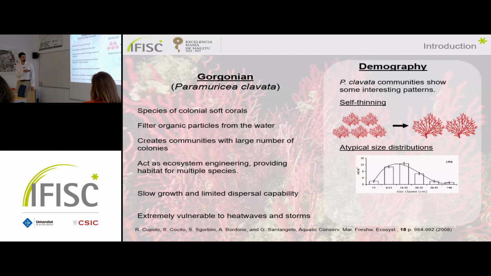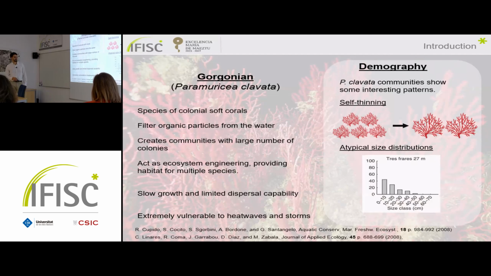Secondly, we are also interested in this kind of atypical size distribution that is shown in this species, where the peak, well, here we have the density of colonies of different size, and the peak of this distribution is for intermediate sizes, which is a little bit weird at first moment when you look at this, because what you would expect in a demographic model is something a little bit more like this.